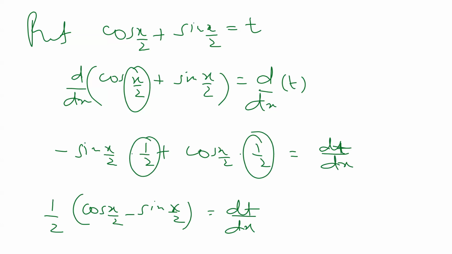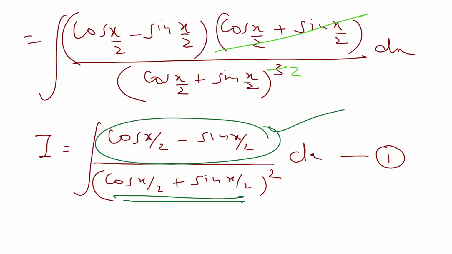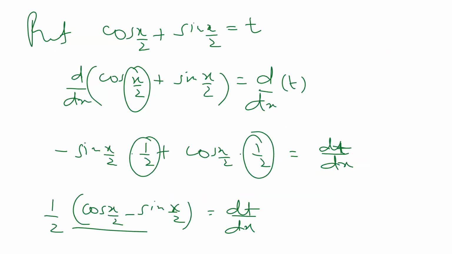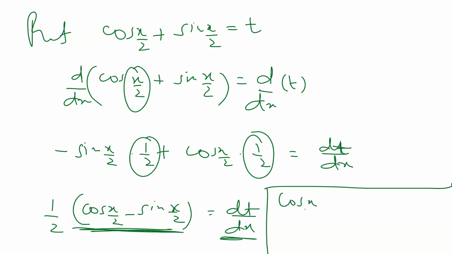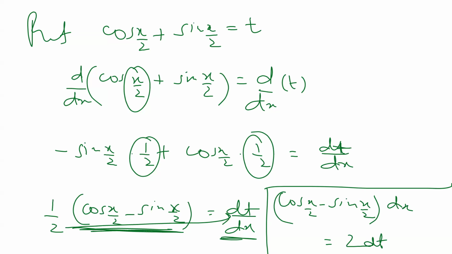Now look at equation number 1. Cos x by 2 minus sin x by 2 dx. So cos x by 2 minus sin x by 2 dx equal to this 2 will go over here, 2 dt. Okay. So equal to 2 dt.